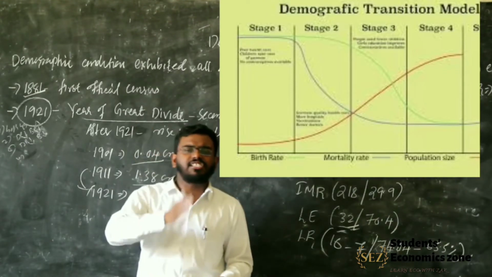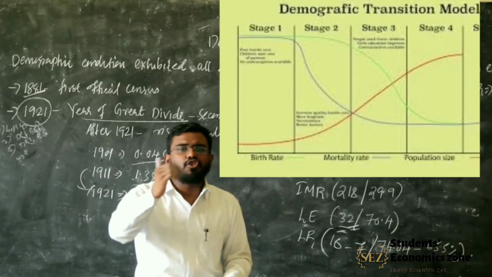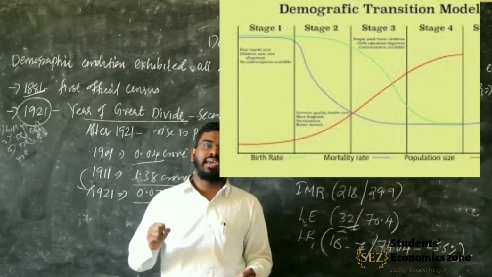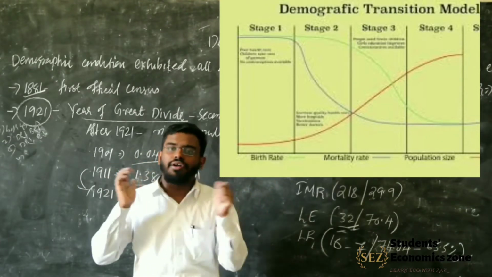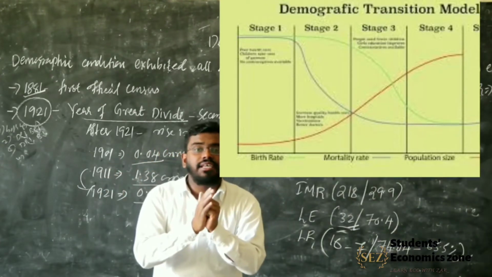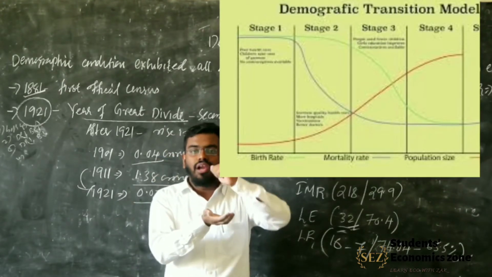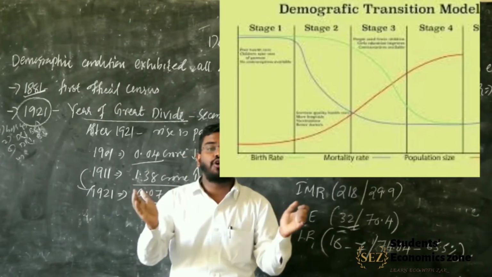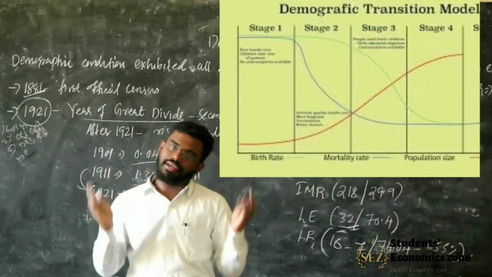In the third stage, slowly birth rate also starts to decline, so there we can see a falling birth rate and low death rate. And in the fourth stage, birth rate becomes low, so there we can see low birth rate and low death rate.